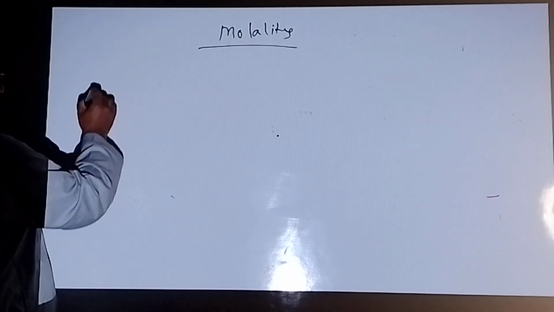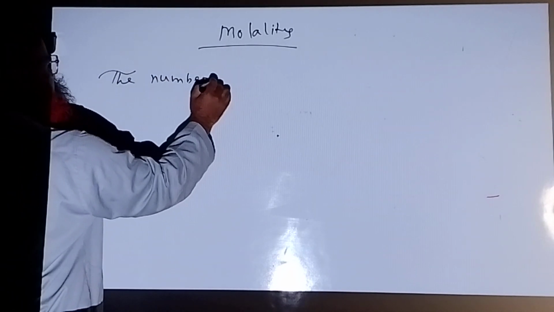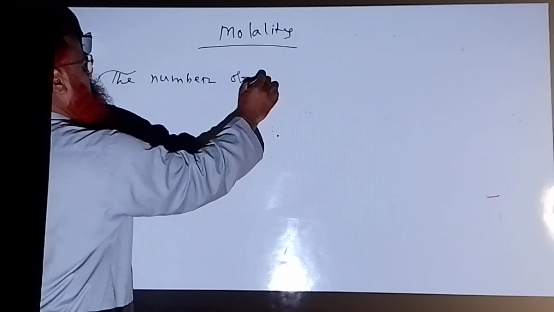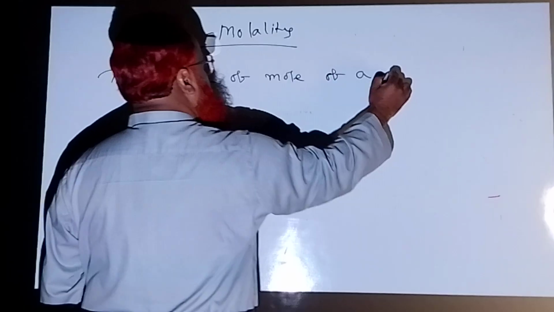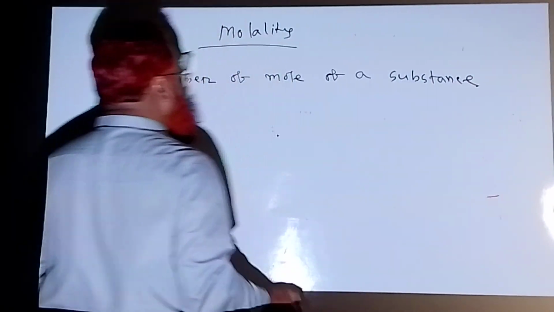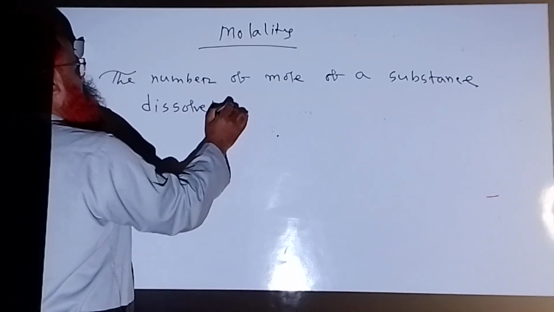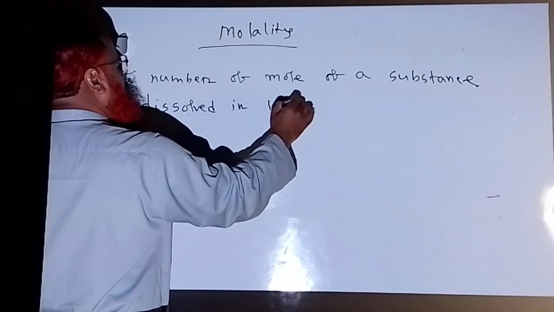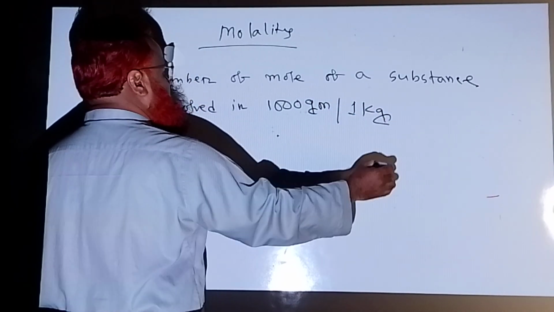Molality: the number of moles of a substance dissolved in 1000 gram or 1 kg solvent.